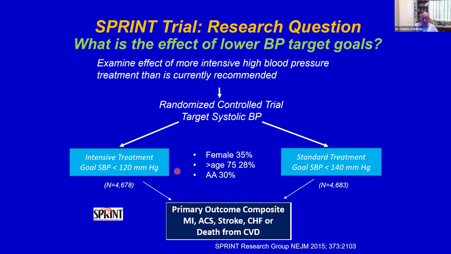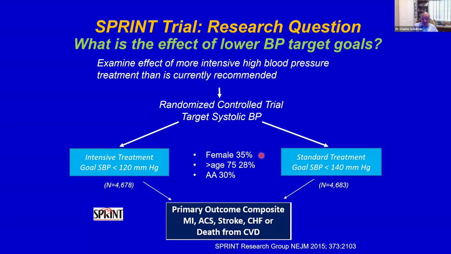So they randomized over 9,000 patients. The standard treatment at the time was a goal systolic pressure of under 140, and they describe an intensive treatment group with a goal systolic blood pressure of under 120.